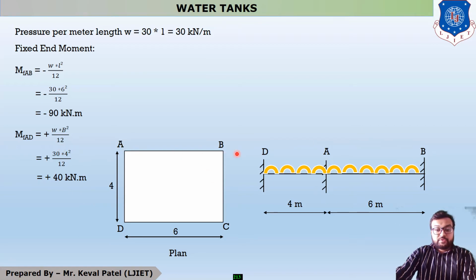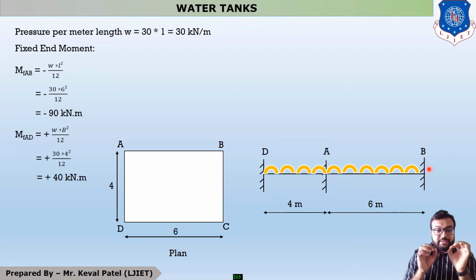This is AB, and these junctions are cut from here and moved to this side. So this is your AD, and all the junctions are fixed junctions. So you can see that this is a fixed support. The length of AB is equal to 6 meter and the length of AD is equal to 4 meter, and the UDL has the value of 30 kilonewton per meter.